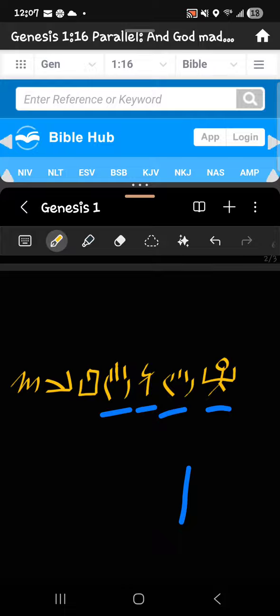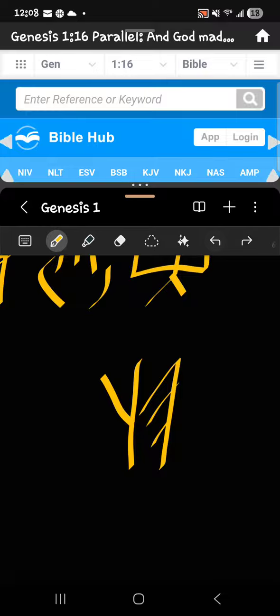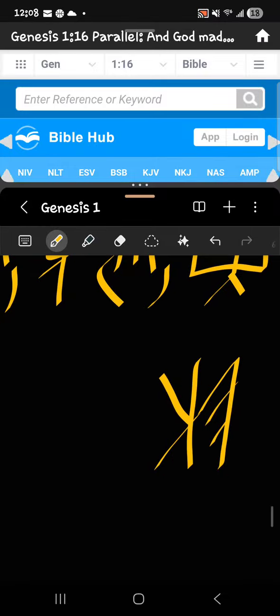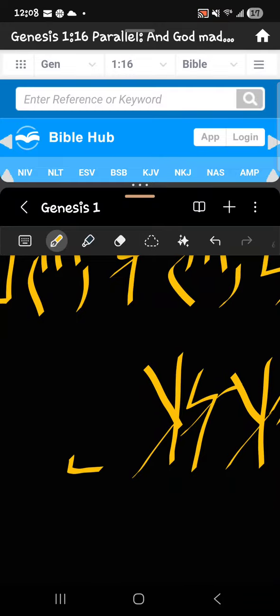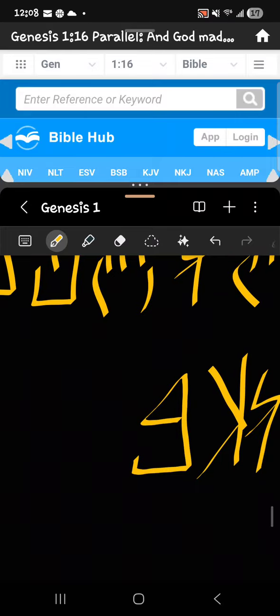Here's how it also looks in Paleo. Ha, ka, wa, ka, by.